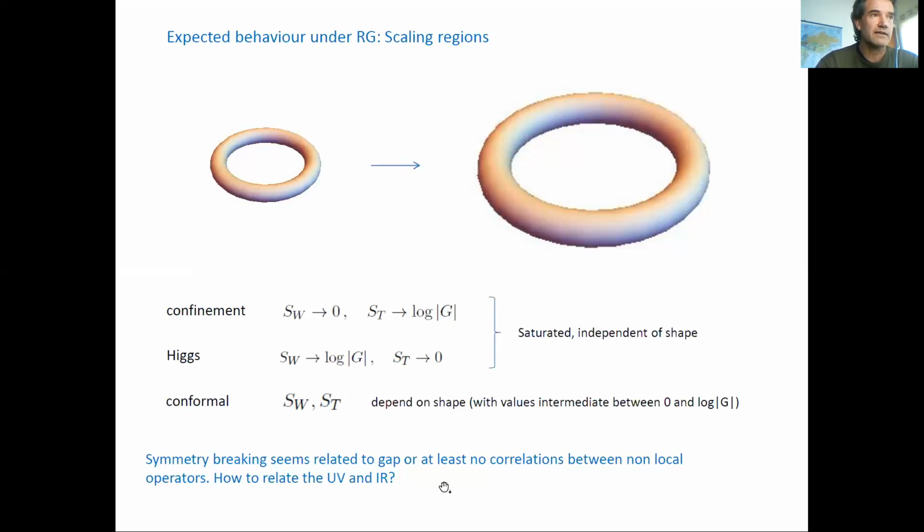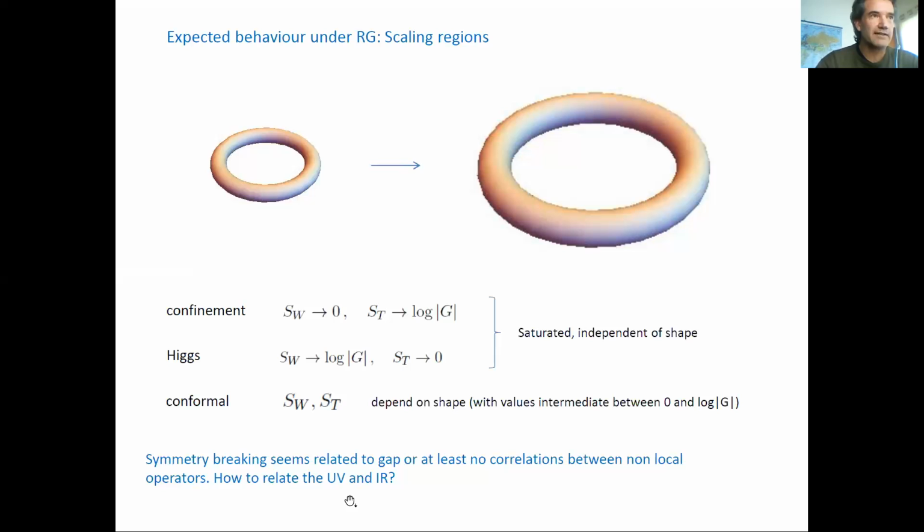So you have, for example, a 't Hooft loop with expectation value 1, and you take another one separated from it, it will have all connected correlation functions 0. So these scenarios are somehow related to the idea of a gap or 0 correlation, at least for the non-local operators.